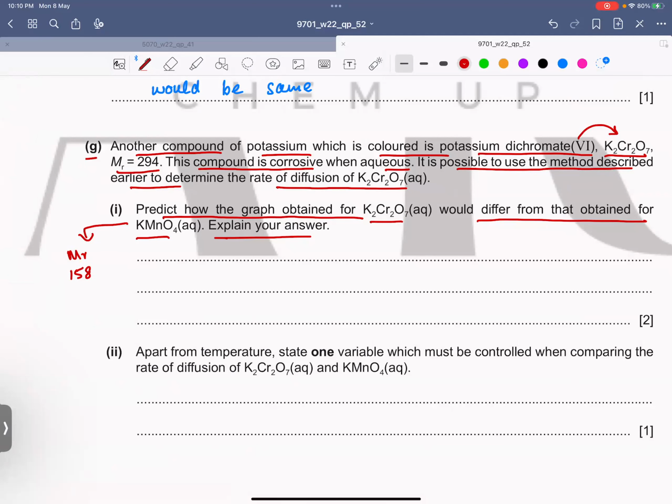So it means that K2Cr2O7 would diffuse at a slower rate, and they are asking you to predict how the graph obtained would differ. So we can say that it would be less steep because the diffusion would be slow. So less steep for K2Cr2O7.